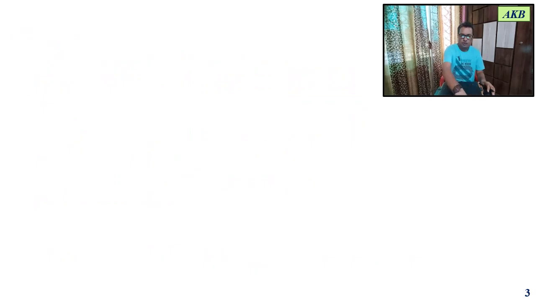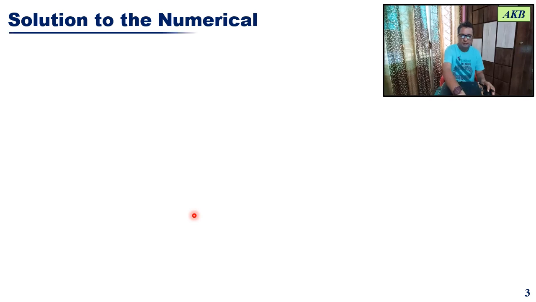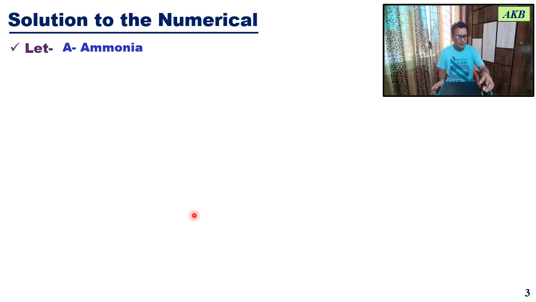So let us go for the solution to this numerical. To begin with, we are going to use notations. What are the notations? Let A represent ammonia. Component A is nothing but ammonia, and that is the diffusing component.